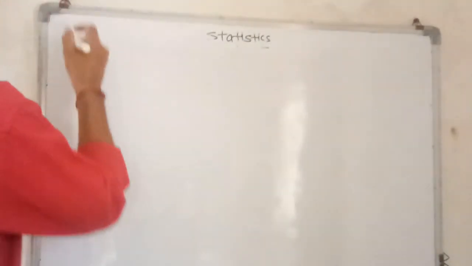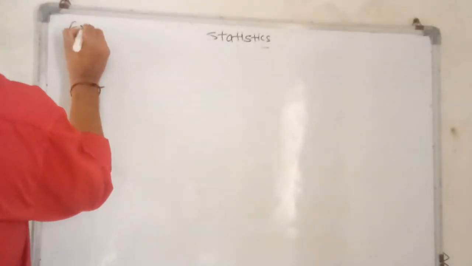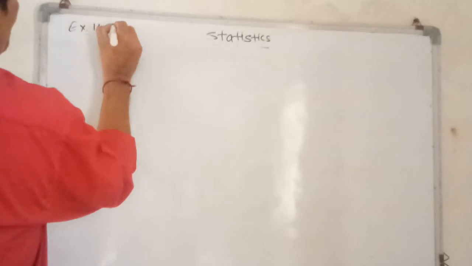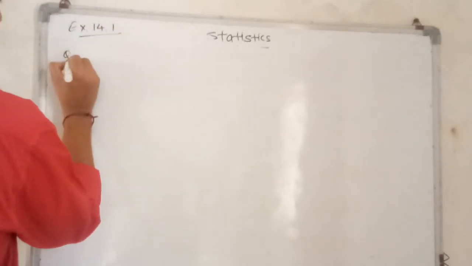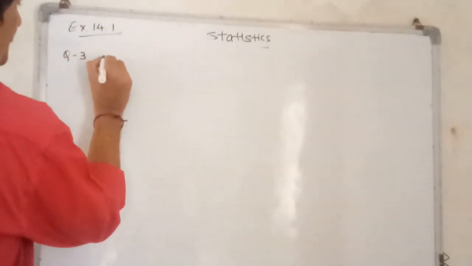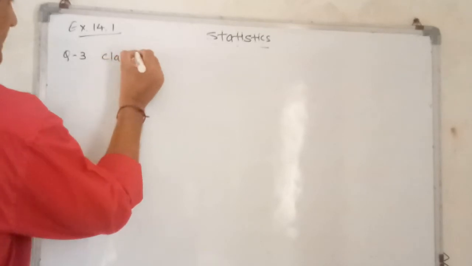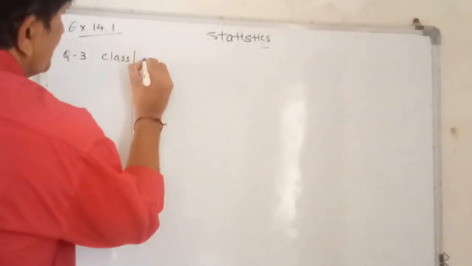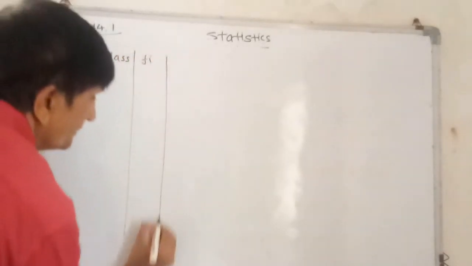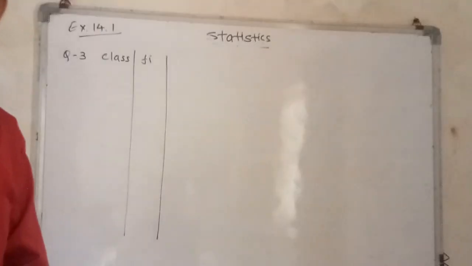Now exercise 14.1, question number 3, in which the classes are given, then frequencies are given. The rest we have to find out.